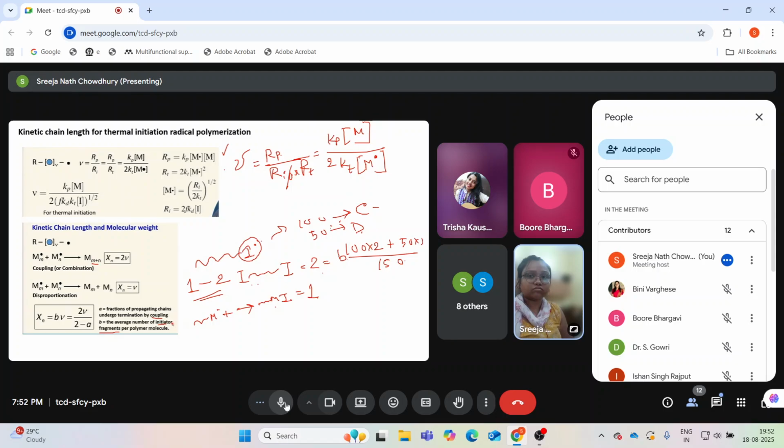So what do we have to pick, whether we have to pick the accelerator or inhibitor plus retarder, ma'am? Okay, ma'am. Yes, ma'am. Thank you, ma'am.